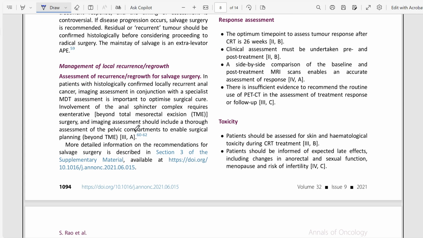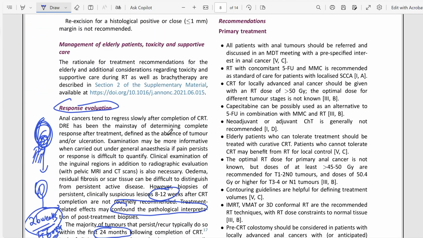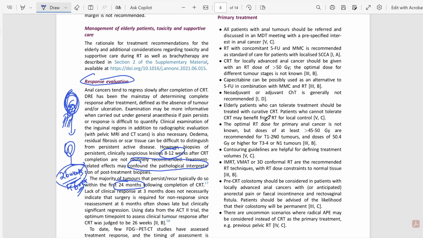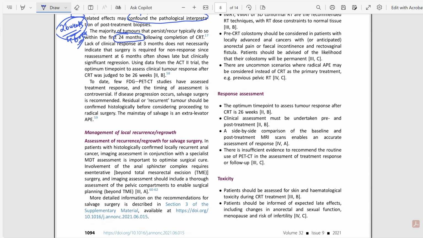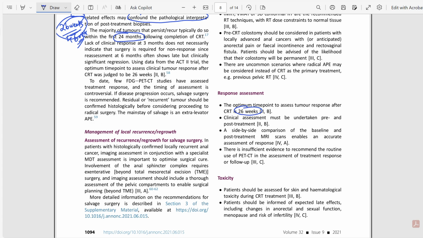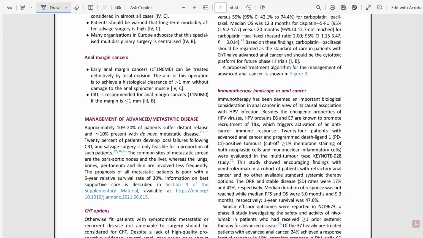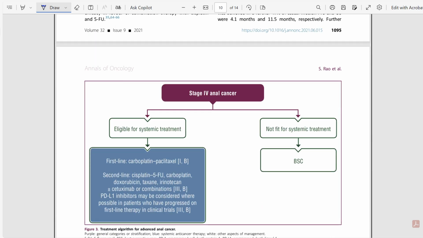If there's local recurrence of growth, you can't do CTRT again. So, do an MDT, then go to advanced management. Anal margin cancers, as discussed, get a wide local excision only if it's close to the margin.